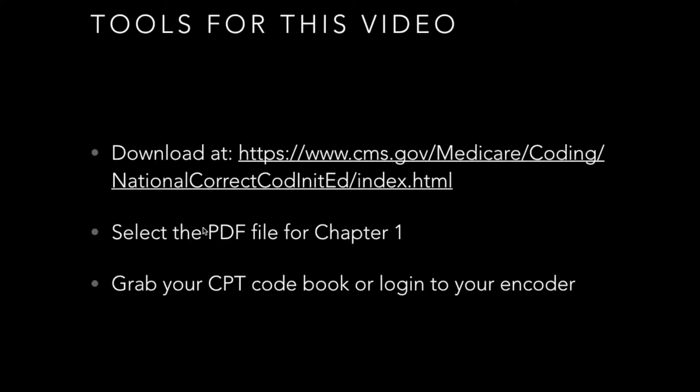Also, while we're there, we're going to select the PDF file for Chapter 1. You can print that up, or you can just refer to it on your computer in the digital form that it's in. And also, you want to grab your CPT code book or log into your favorite encoder. I'm going to be using an encoder tonight to show you this instead of trying to film my CPT book. So hopefully that will work for everybody.